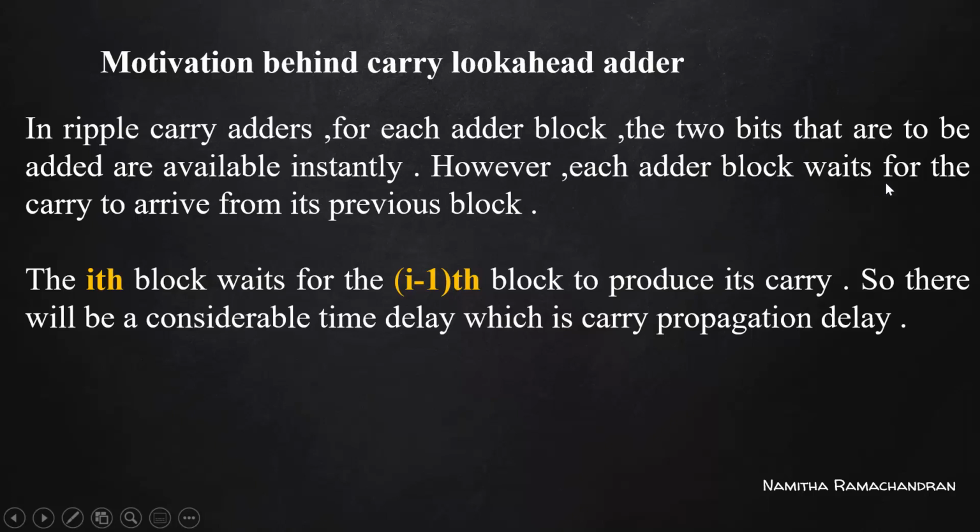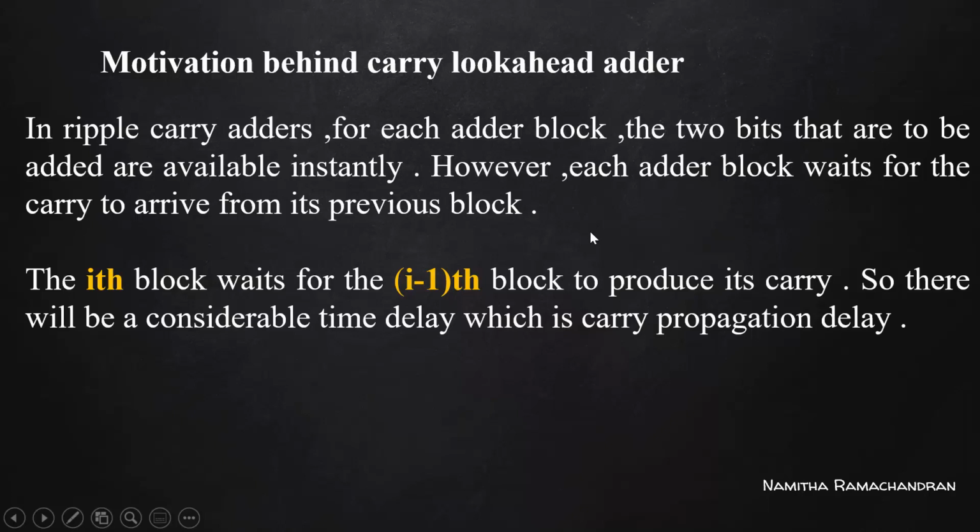But each adder block has to wait for the carry input to arrive from its previous block. This is the problem. The binary input bits are instantly available, but each adder block has to wait for the carry output from the previous stage.